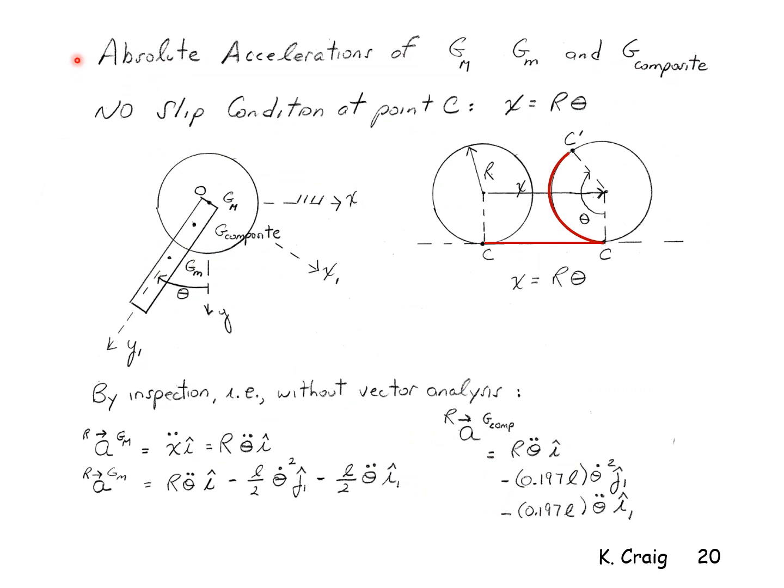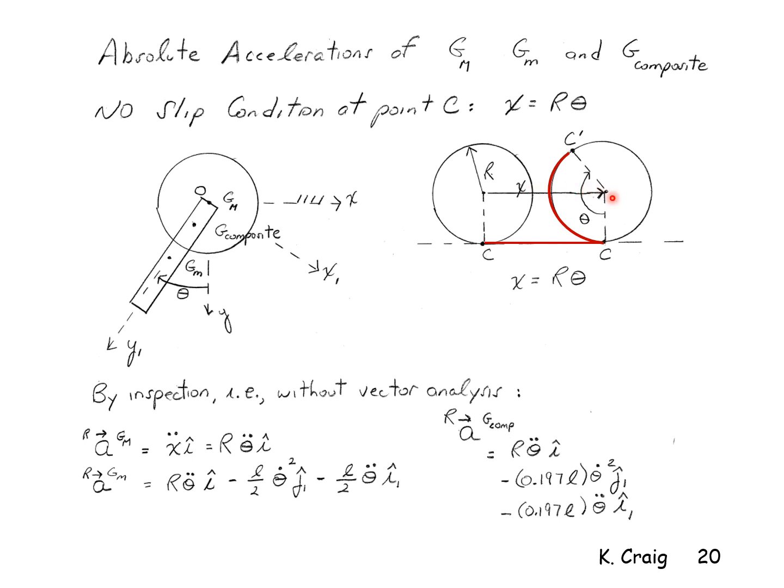Let's now find the absolute accelerations of the disk, the center of mass of the disk, the center of mass of the bar, and the center of mass of the composite body. First of all, we investigate the no-slip condition at point C. I've already described what the no-slip condition means, but here in a diagram it shows that if I have the disk by itself rolling on the ground with no slip, as the disk rolls, its geometric center moves from this position to this position by a distance x.